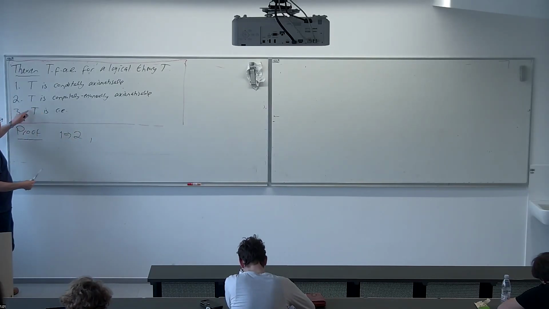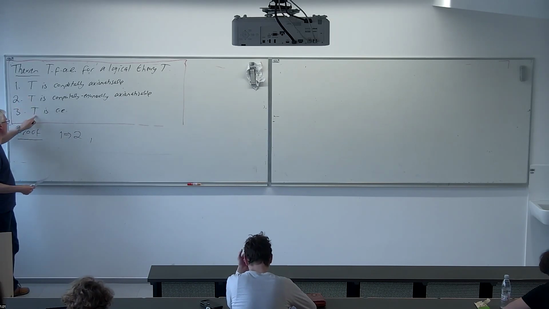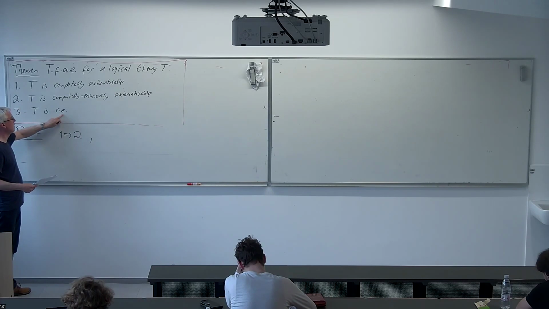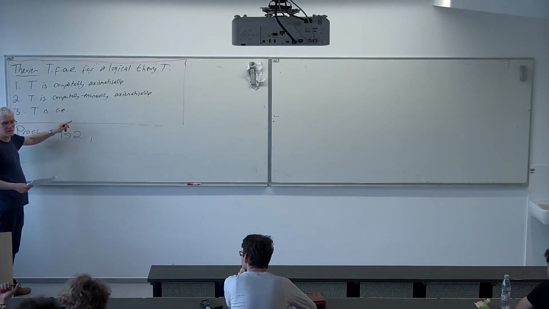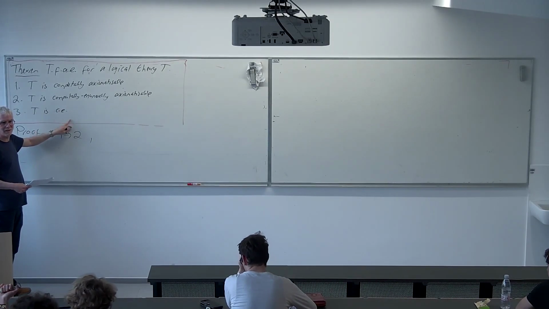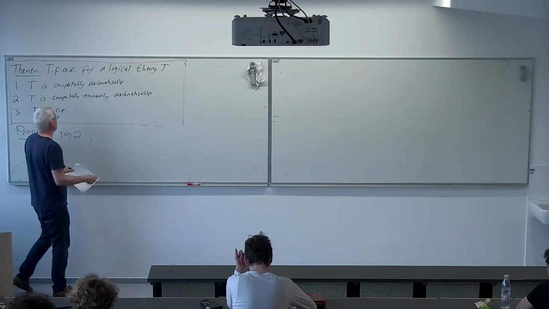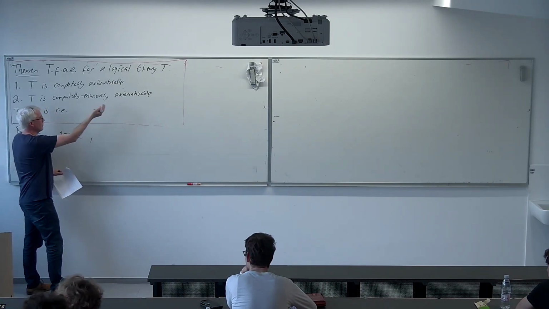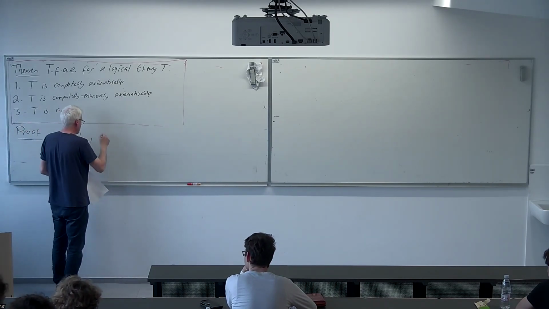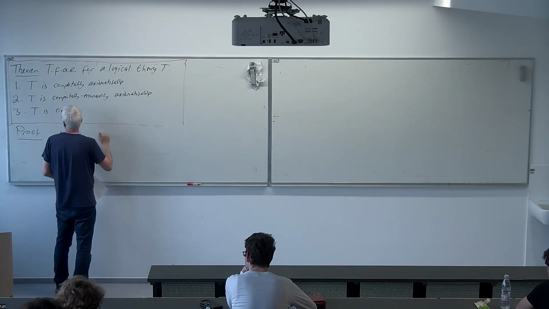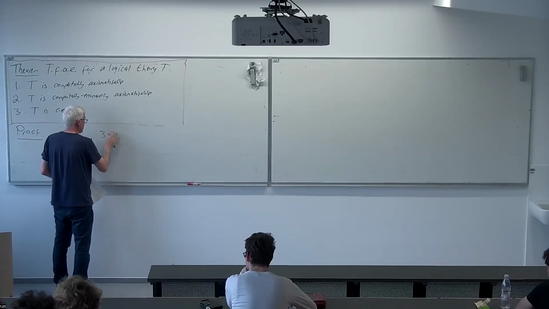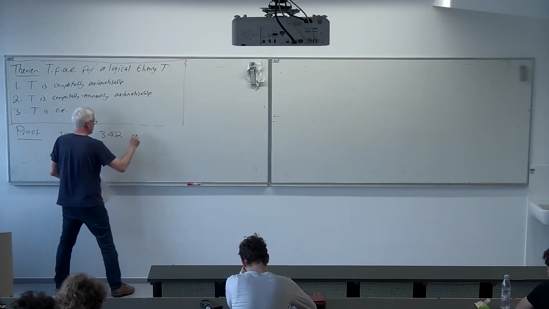But also 3 implies 2 is immediate, because if the theory is computably enumerable, then how do we find the computably enumerable axiomatization? Well, you just take the theory itself as its own axiomatization. You can have all the sentences in the theory as axioms. So 3 implies 2 is also immediate.